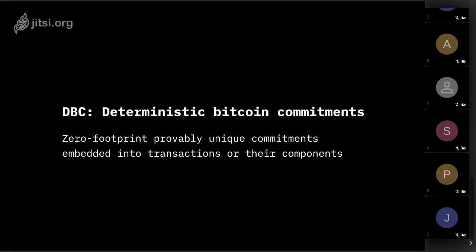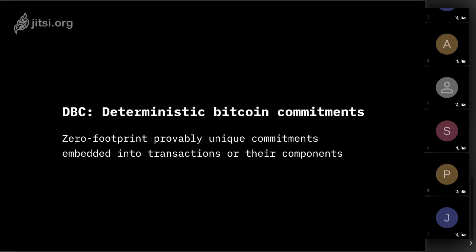So the first paradigm is commitments and the application of the commitments to the Bitcoin blockchain, which we named deterministic Bitcoin commitments. It's basically a zero footprint, provably unique commitments embedded into transactions or their components. I will explain each of these parts. So basically, zero footprint means that the size of the transaction or any of its components is not increased.